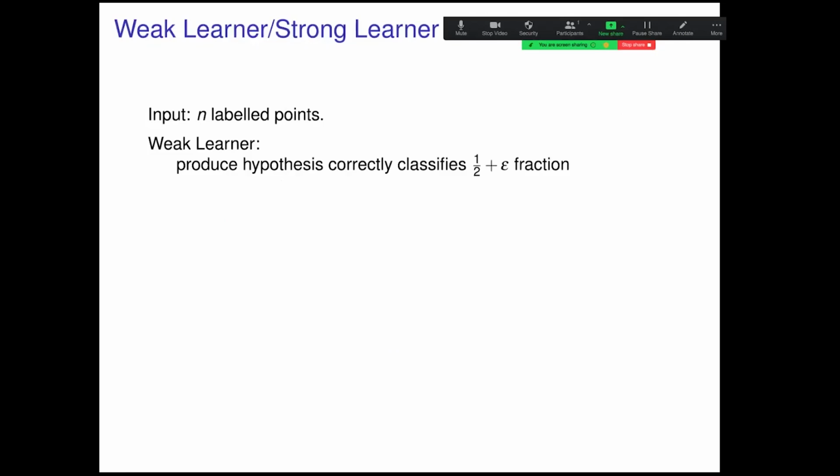Now I'm saying I have an algorithm that for any set of points, it will correctly classify them a little bit better than average. Random. Better than half. Now I want to get, this should be 1 minus. Okay, there's a bug. You can't do more than one fraction.